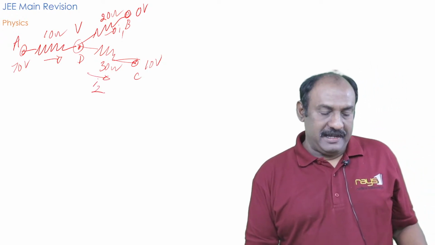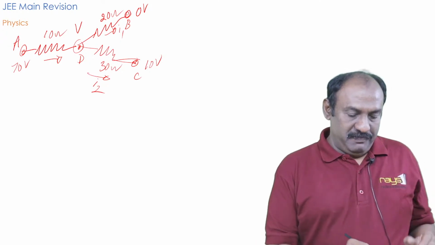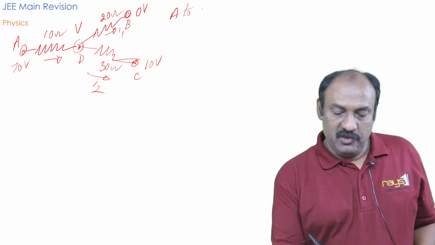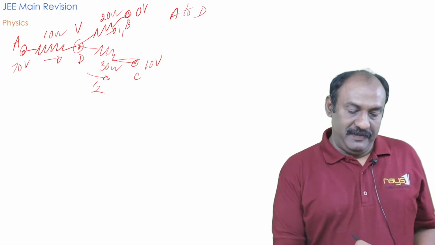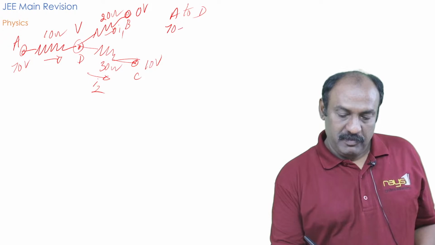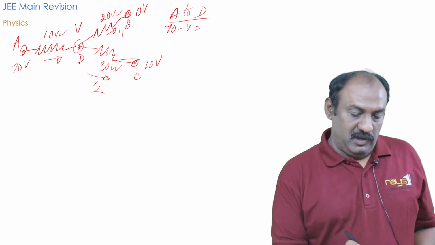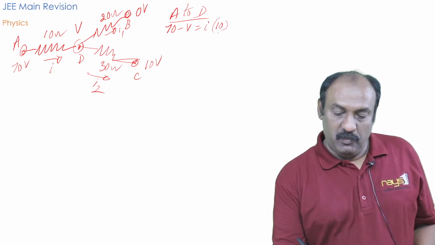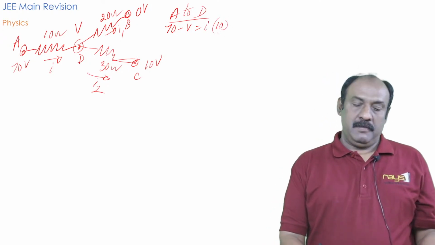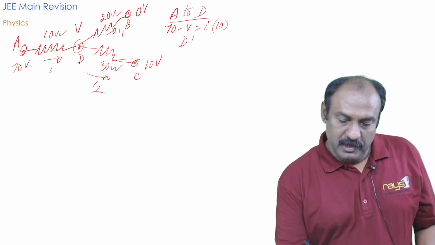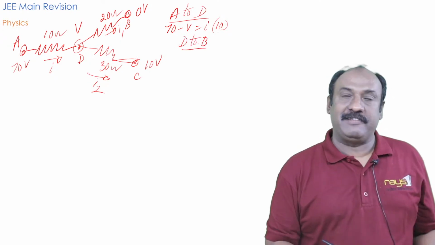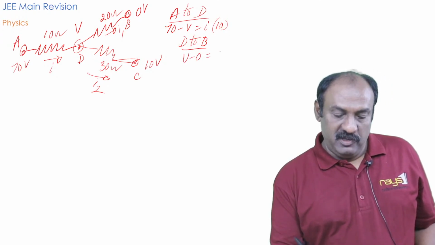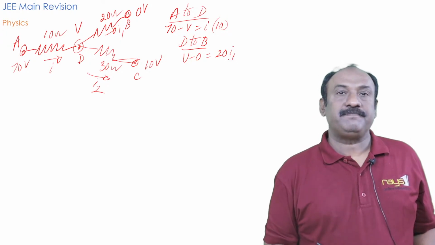Now we apply Kirchhoff's law. From A to D, it is 70 minus V equal to I into the resistance 10 ohm, that is 10I. From D to B, I1 is the current flowing, and the potential drop is V to 0 volt, so V minus 0 equals 20 into I1.